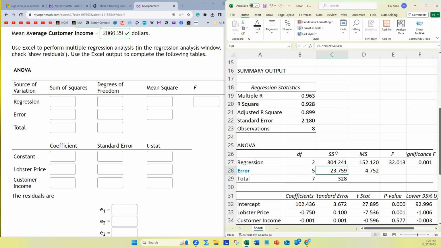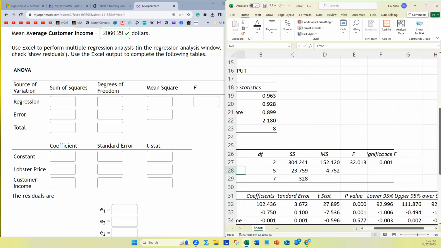So this is called the SSE, and this right here is called the SSR. So by calling it residual, you can confuse people, right? So the first thing I always do is I change that to error.